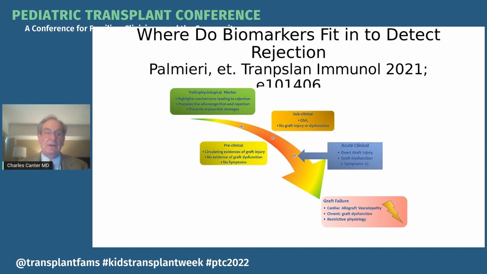This is the ideal place to catch rejection. And indeed, there is long-term epidemiologic evidence in pediatric heart recipients that rejection that's caught and treated at this point doesn't lead to graft injury or long-term graft dysfunction. So you have every reason to try to be able to catch rejection at this stage and not at these stages down here. Next slide.